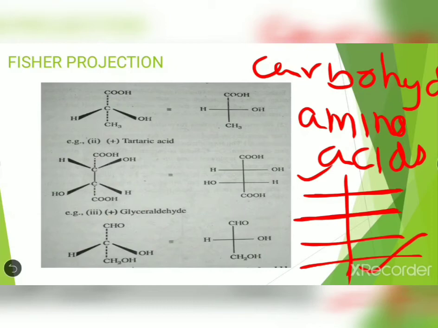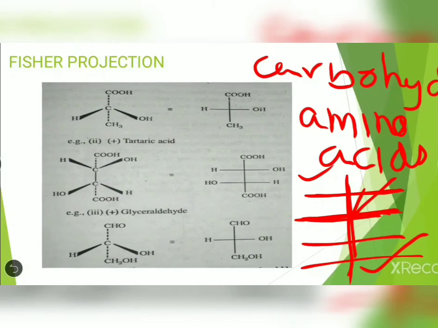The horizontal line represents the bond that projects above the plane of paper. The intersection of the vertical and the horizontal line represents the carbon atom. You can see some examples of the Fischer projection.